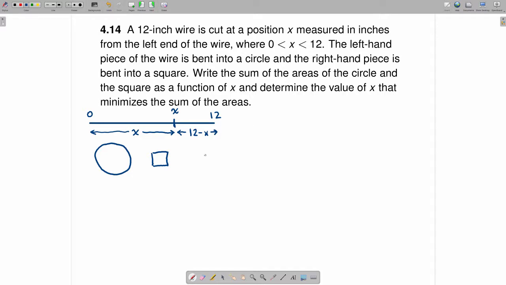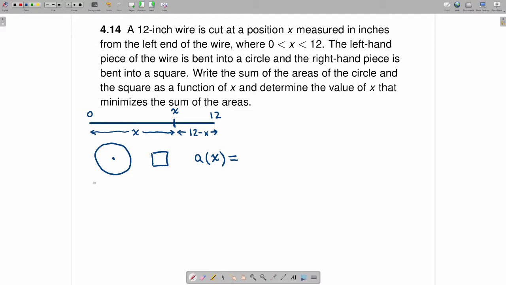We'll call that function A of x: the area of the circle plus the area of the square as a function of the position x where we actually split the wire.